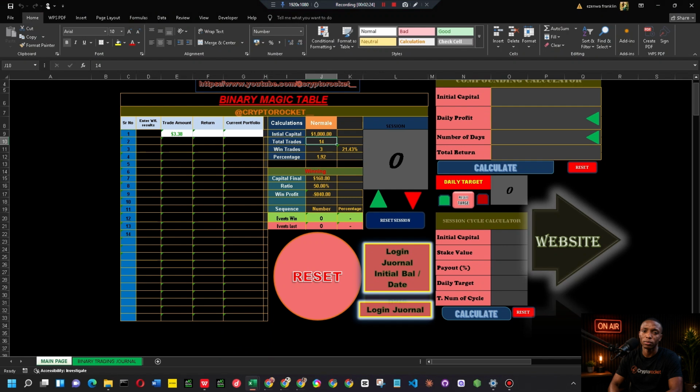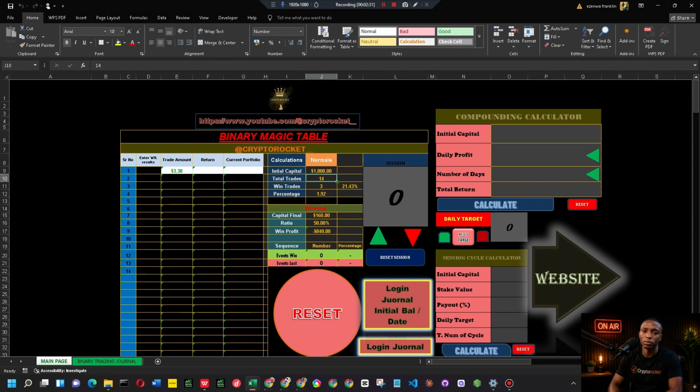All you need to do first of all is, maybe I'll introduce it one after the other, as we started from the top, and we'll go from left to right. We start from the serial number, which will give you the number of trades you are going to take.